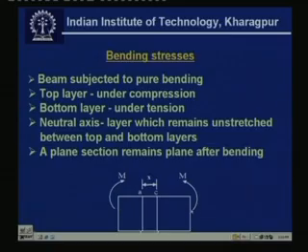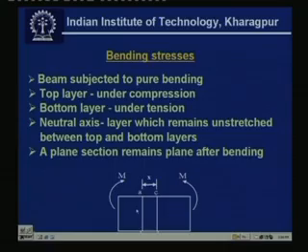Now, under the action of such pure bending on a beam element, the top layer will be under compression and the bottom layer will be under tension. Obviously, somewhere in between there will be a layer where there is neither tension nor compression.